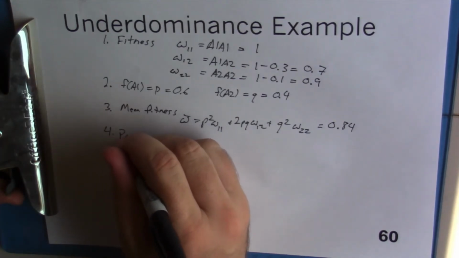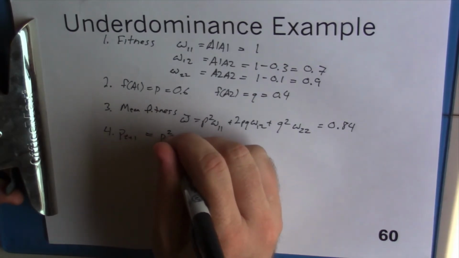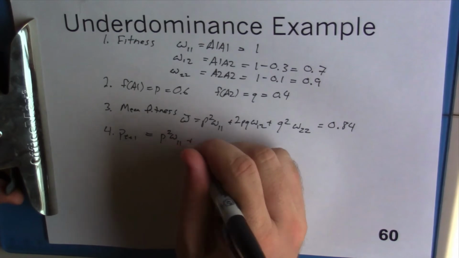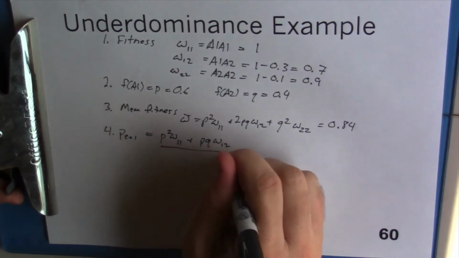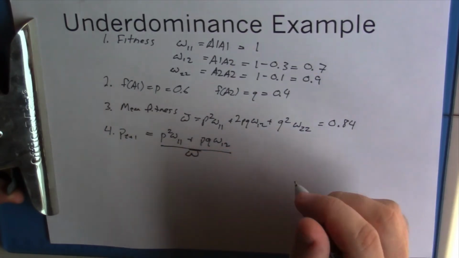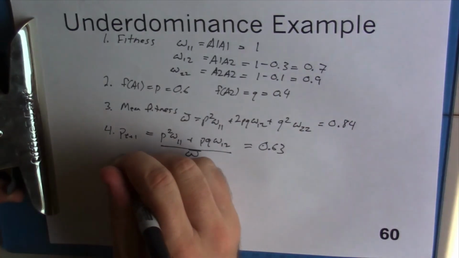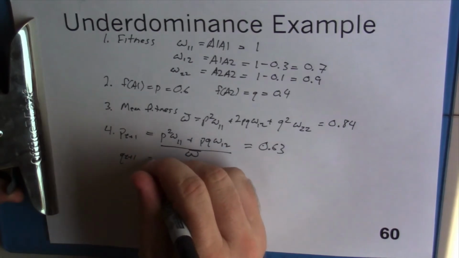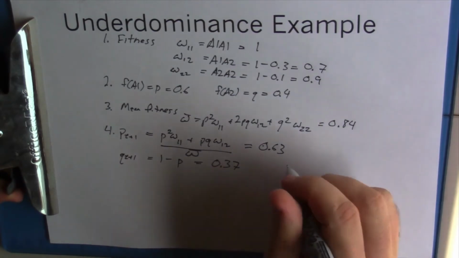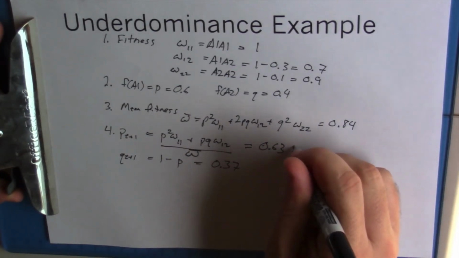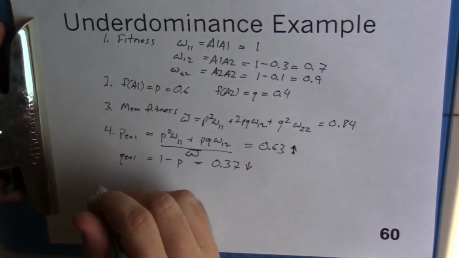Then the frequency at t plus 1 is going to be p squared omega 1 plus pq omega 1 over the mean fitness, and that comes out to 0.63. q at t plus 1 is equal to 1 minus p, or 0.37. So we see in this case that the frequency of A1 has gone up and the frequency of A2 has gone down.